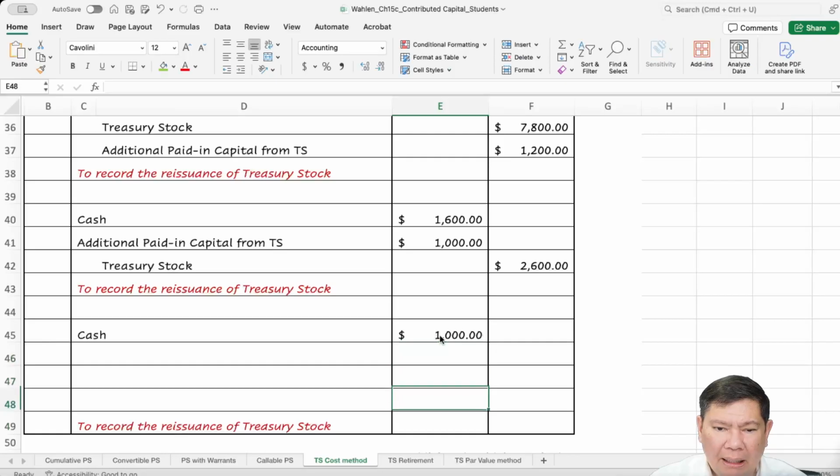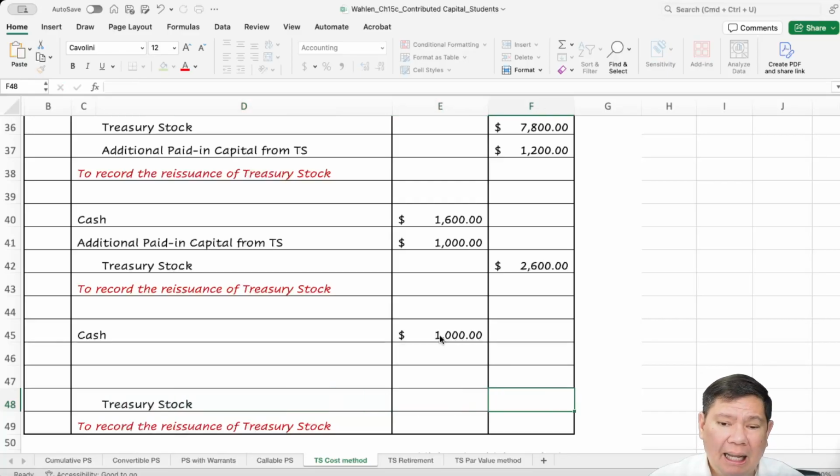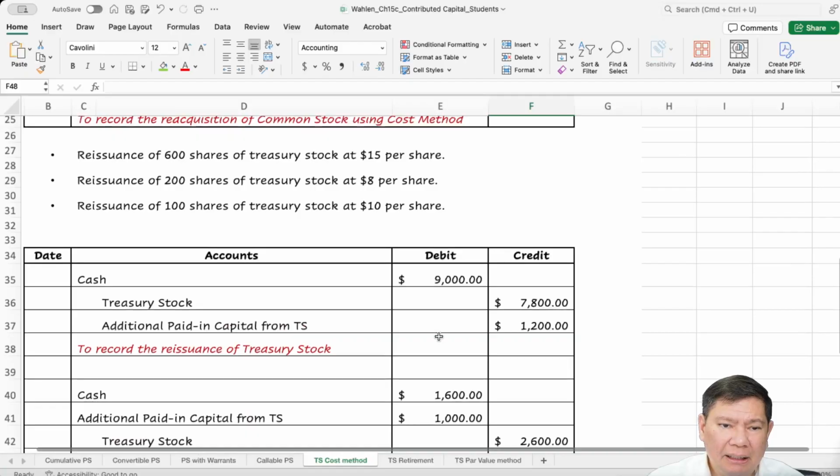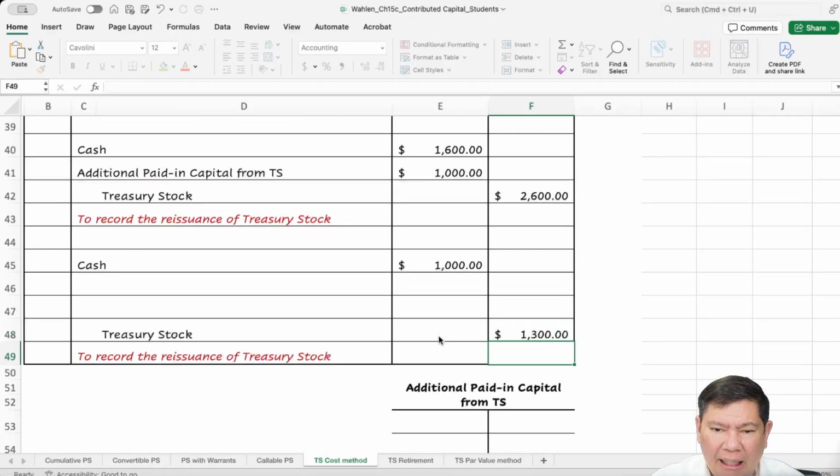But again, the treasury stock that we sold was purchased at $13. 100 times 13 is 1,300. So there is a $300 difference here, and to make it balanced we need to cover that $300 difference.